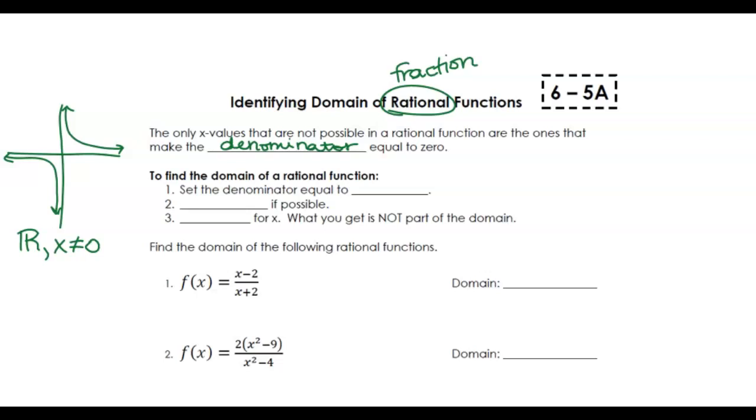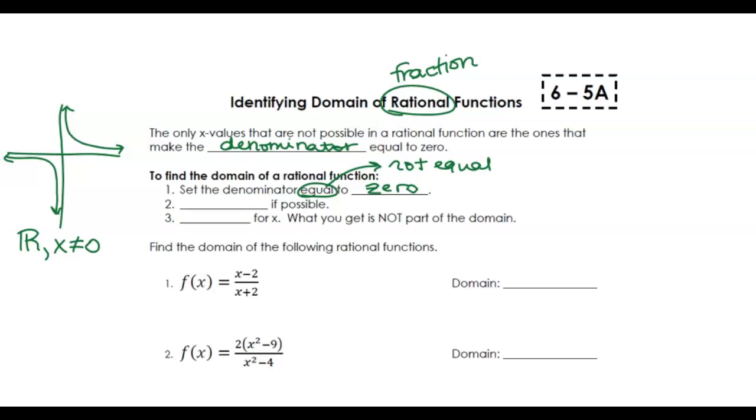So the steps to find the domain of all rational functions: first it says set the denominator equal to 0. But I actually want to change this, because I don't want it to be equal to 0. I want it to be not equal to 0, because I think that'll help you keep straight in your head what the denominator needs to be. You do not want it to be 0.